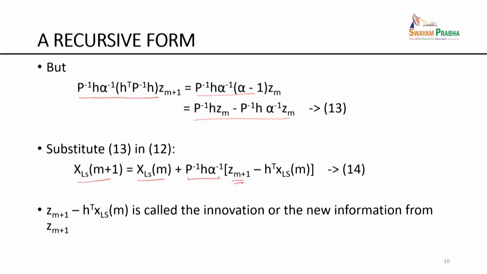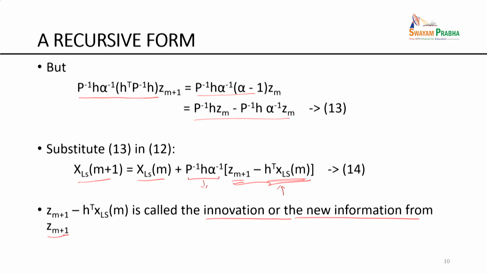Zm is a constant, H transpose XLM, this is again a scalar, so this is a scalar, this is a vector, this is a vector, this is a vector. So what is this called? This is called the innovation or the correction term, the new information from the new observation.